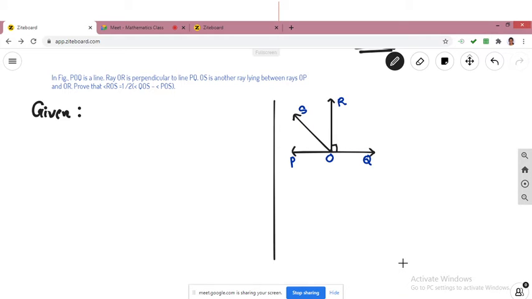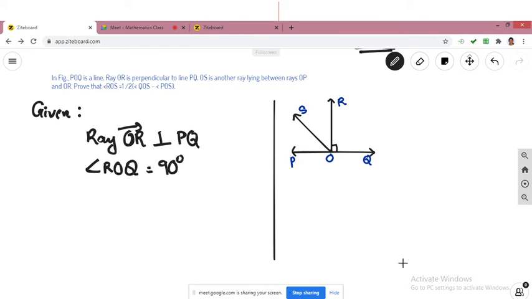Ray OR is perpendicular to line PQ. Yeah, ray OR is perpendicular to line PQ. Tell me, which angle is equal to 90 degrees? Angle ROQ. We know that ROQ is equal to 90 degrees, ma'am.